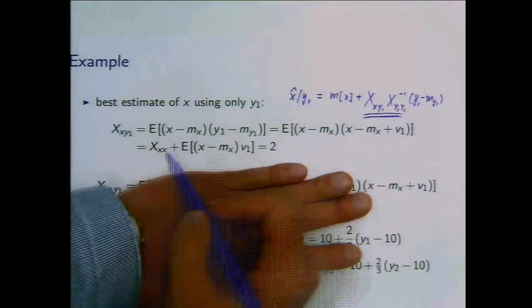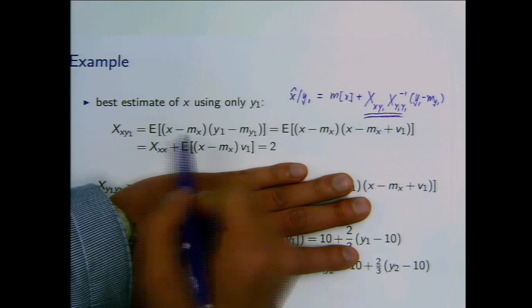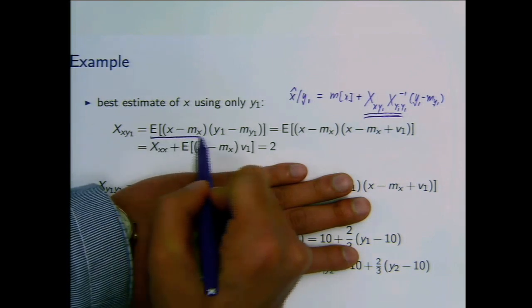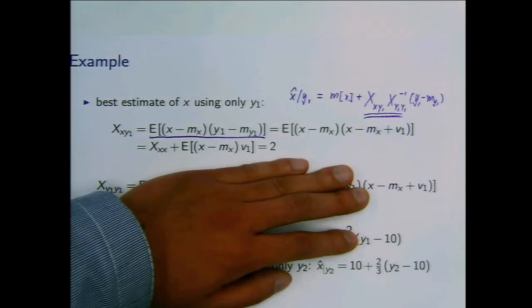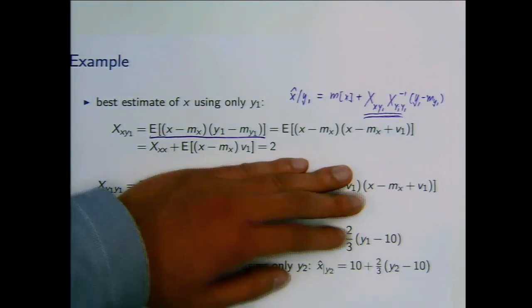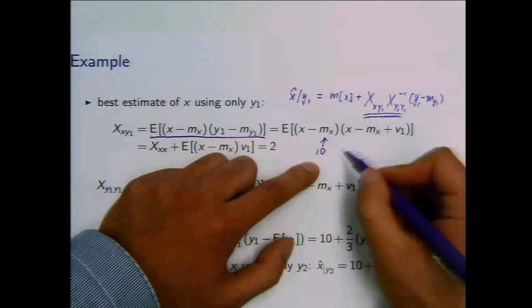These can be very easy to obtain. Just follow the definition here. The cross covariance between x and y1 is defined by this quantity here. If x has a mean of 10, what will be the mean of y1?